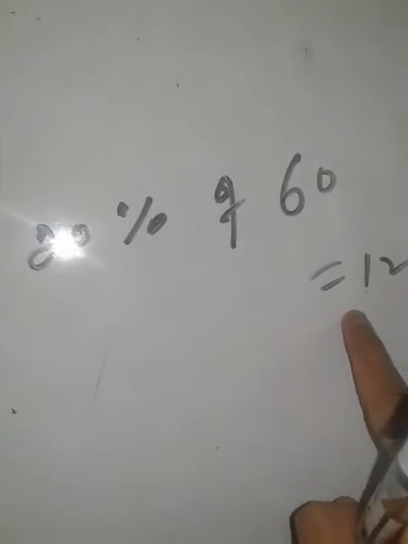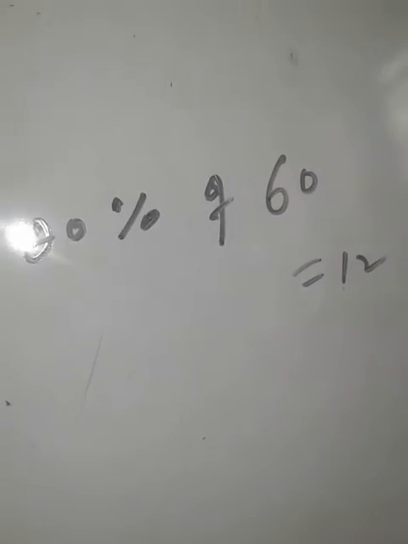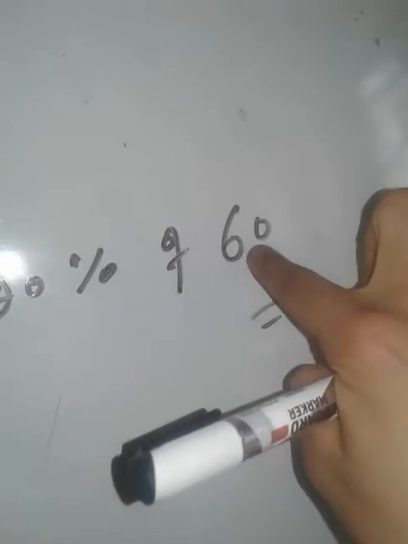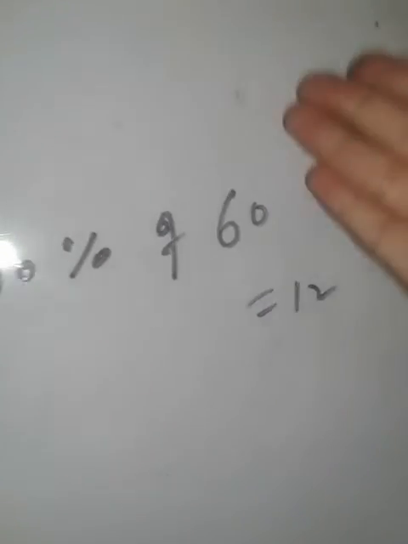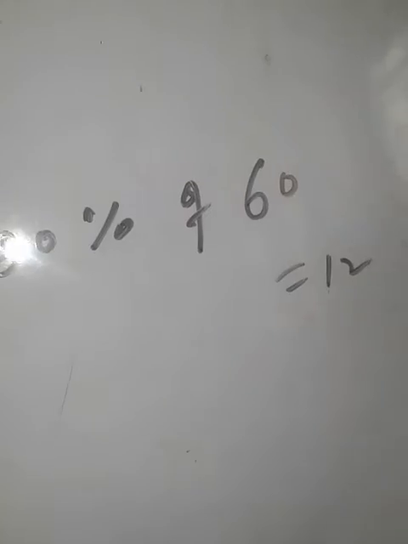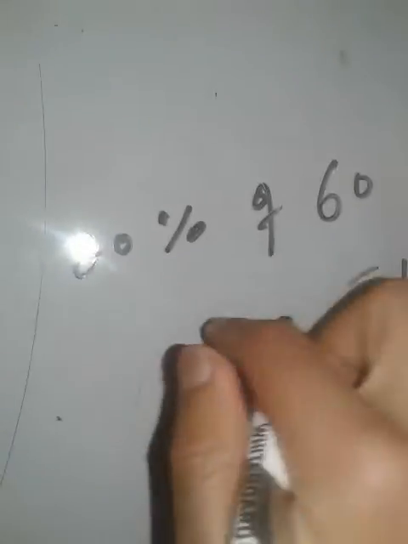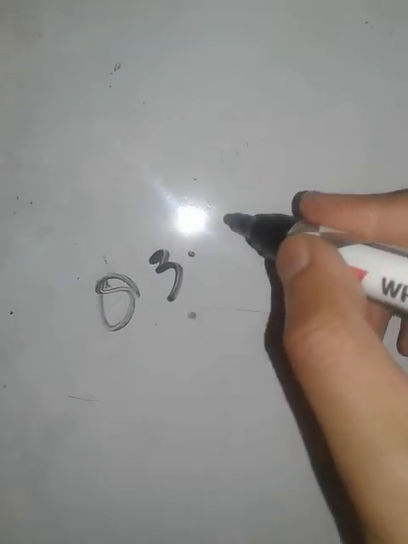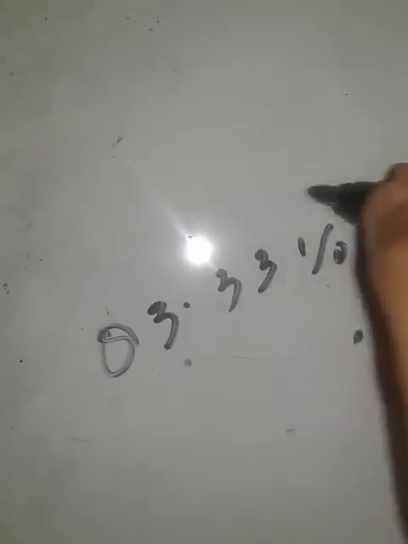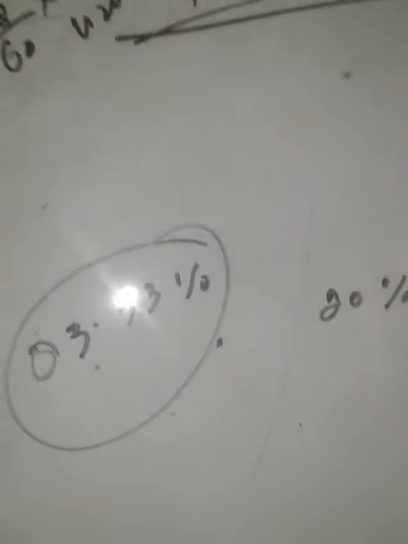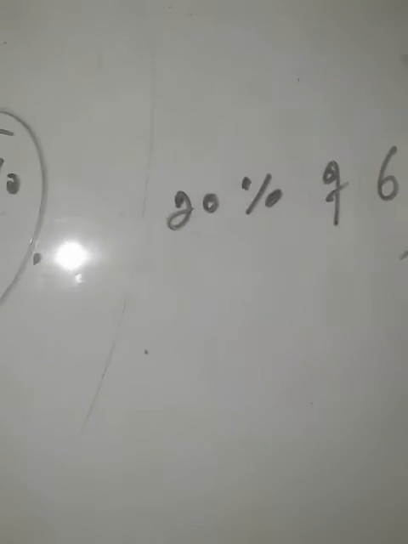This is one method. Yesterday, recall the previous lecture: what is 10%? 6. What is 20%? It is 2 times 6, that is 12. Either you can do it this way or that way, but in case of these percentages, it becomes very difficult to find the percentage value manually.